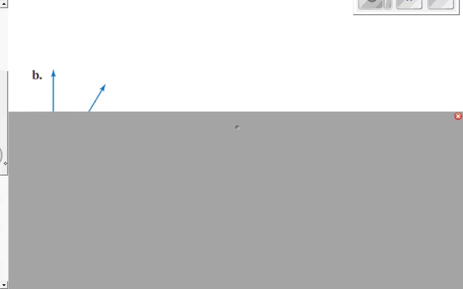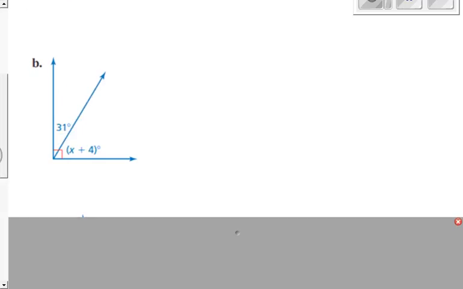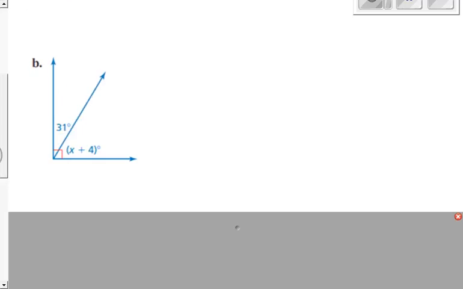Going down to example B, we have a pair of complementary angles. That means two angles that equal 90 degrees. And they want to know, are they vertical or adjacent? Well, here's my clue right here. That line right there means they are adjacent. And they want us to find x.